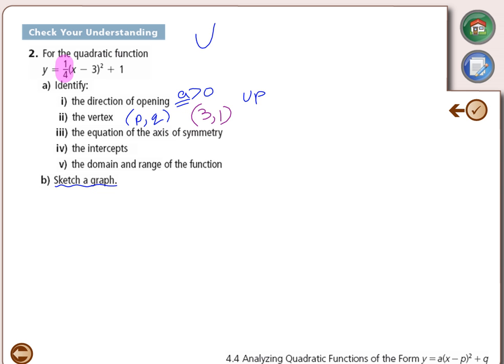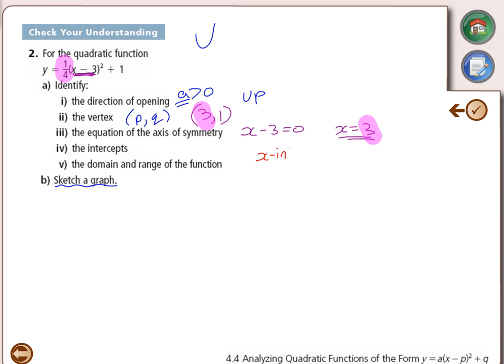Then the equation of the axis of symmetry. Take that x minus 3 equals 0, solve for the x. X equals 3. That's where the additive inverse is coming through. Notice that we've got the 3 going on.